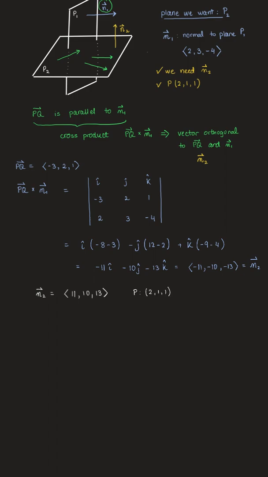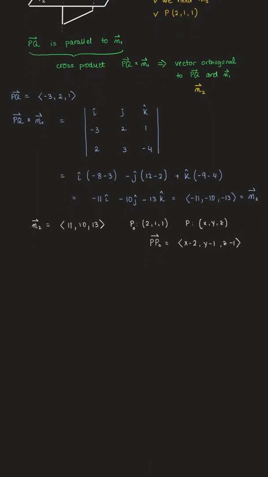And then remember, to get the equation of our plane, let's call this P0 now, we're going to use a general point on the plane whose coordinates are x, y, z. And the way we're going to set this up is we're going to find vector P0. This vector will be x minus 2, y minus 1, and z minus 1. And when we do the dot product between our vector P0 and the normal, that dot product will be 0 because those are perpendicular vectors.